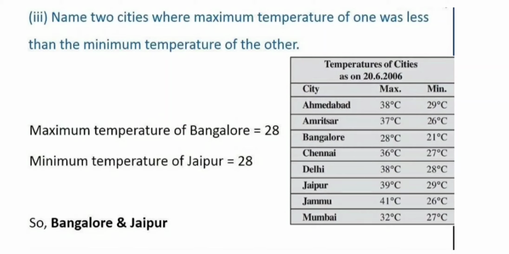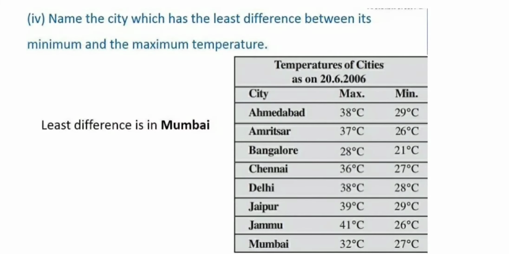So the answer is Bangalore and Jaipur. Name the city which has the least difference between its minimum and maximum temperature. The difference is 5 in Mumbai, so the least difference is in Mumbai.